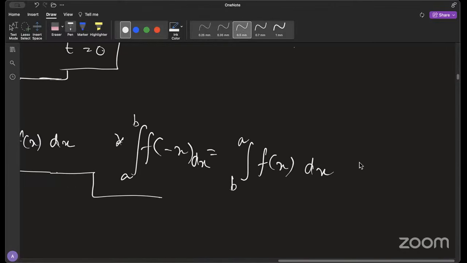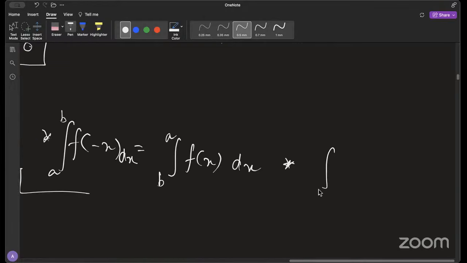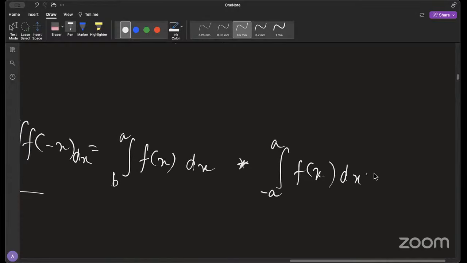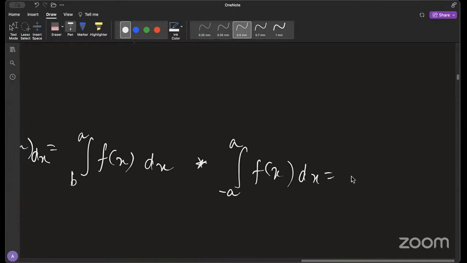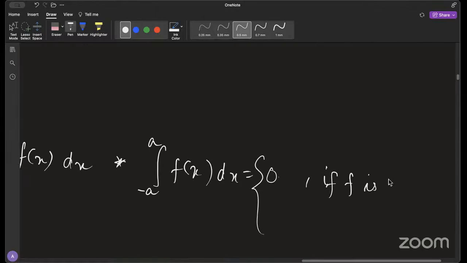So your identity in short becomes: if you have the integral from minus a to a of f of x dx, then this becomes 0 if f is odd, that means f of minus x is the same as minus f of x.